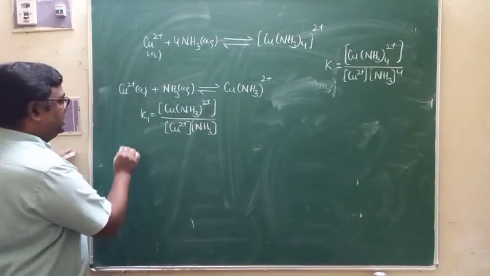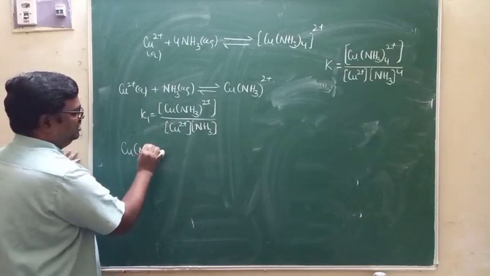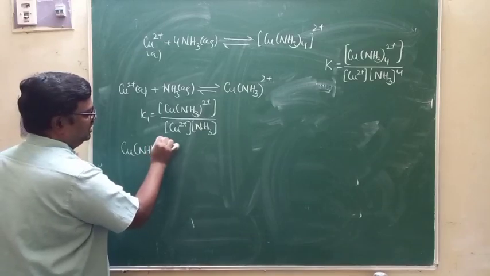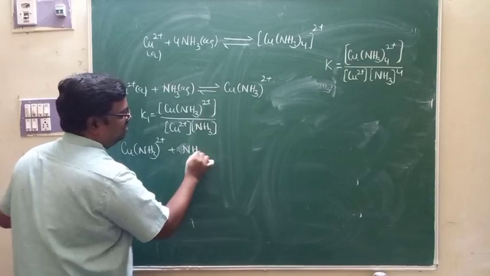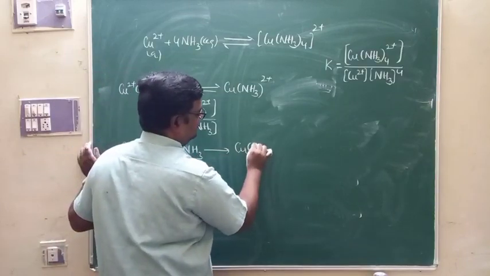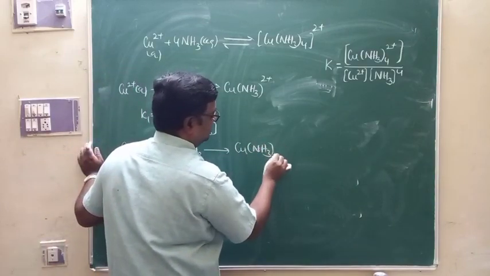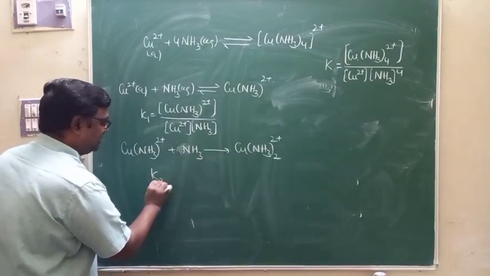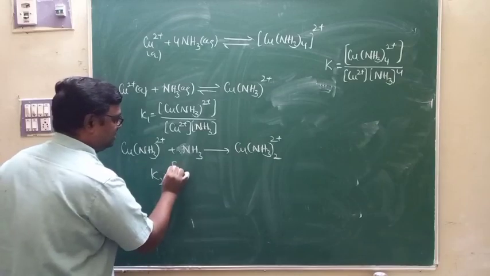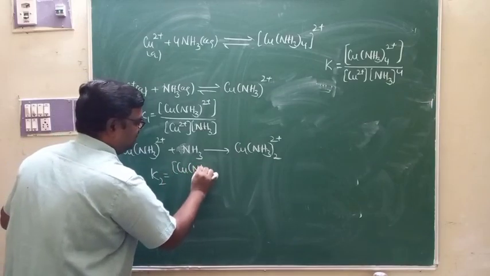In the second step, Cu(NH3) 2+ from the first step combines with 1 more ammonia to form Cu(NH3)2 2+.